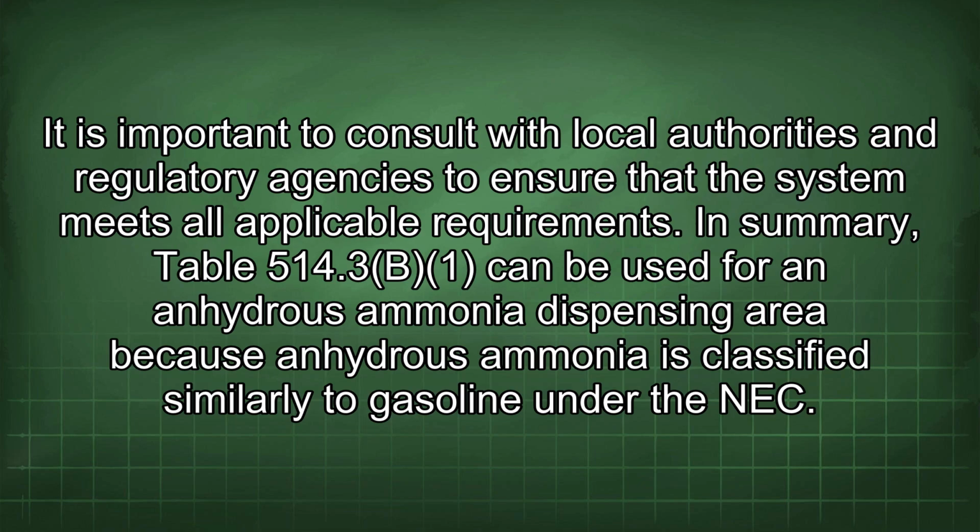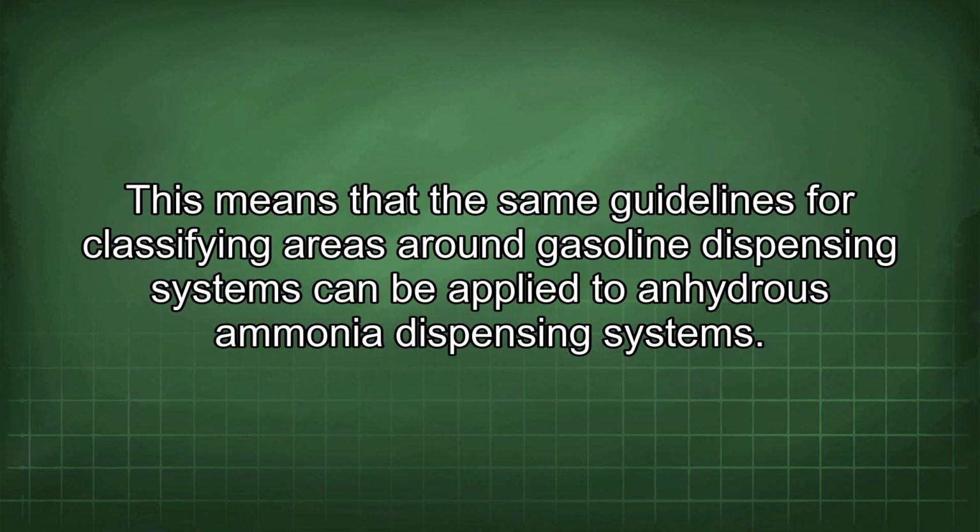In summary, Table 514.3(B)(1) can be used for an anhydrous ammonia dispensing area because anhydrous ammonia is classified similarly to gasoline under the NEC. This means that the same guidelines for classifying areas around gasoline dispensing systems can be applied to anhydrous ammonia dispensing systems.